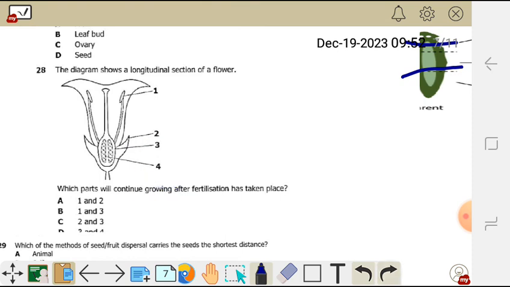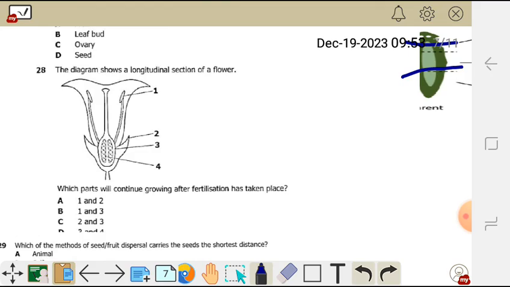The female part, the ovum, when it is fertilized, and this part 3, where the reproduction process takes place. So 3 and 4 are going to continue growing after fertilization. These other parts are just there for fertilization to take place.